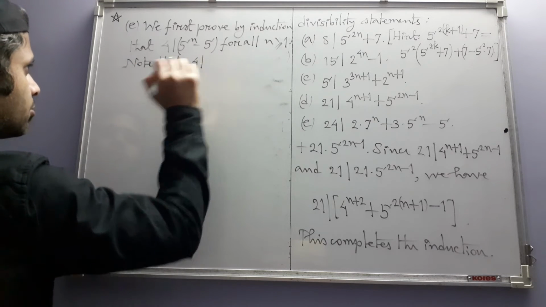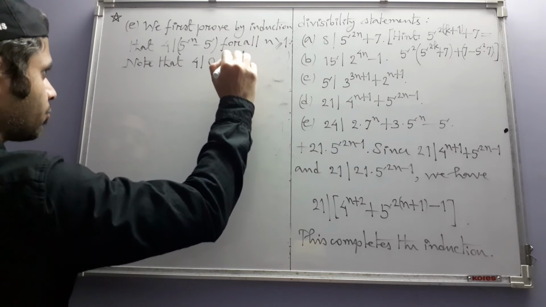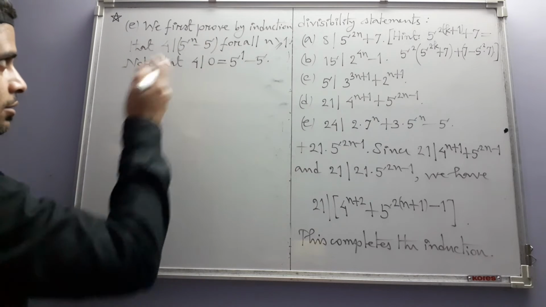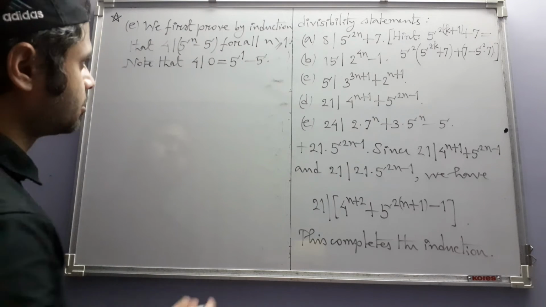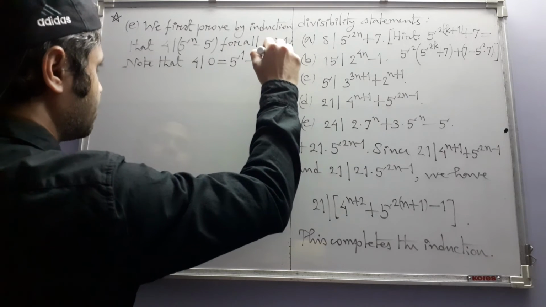Note that 4 divides 0, which is 5 to the power 1 minus 5. So that means our claim is true for n equal to 1, and this is the basis for our first induction.